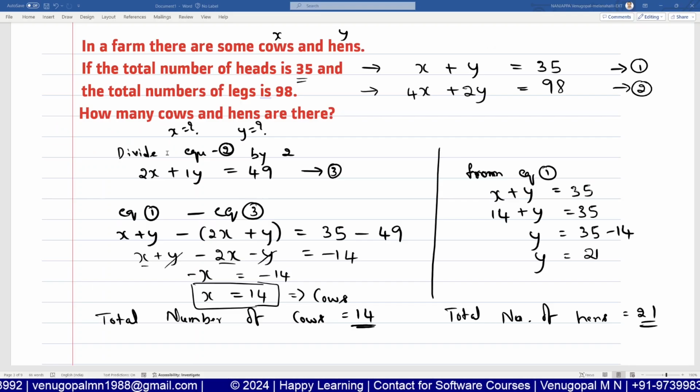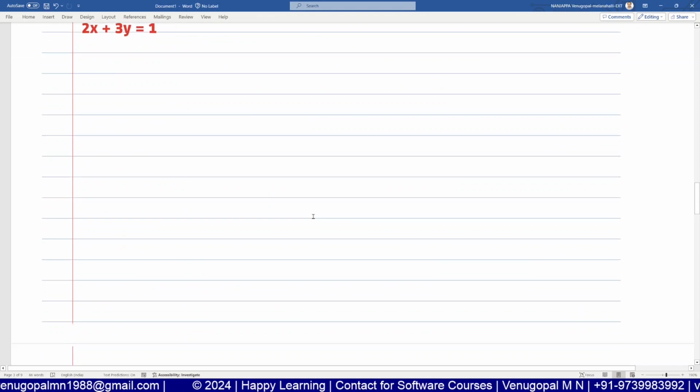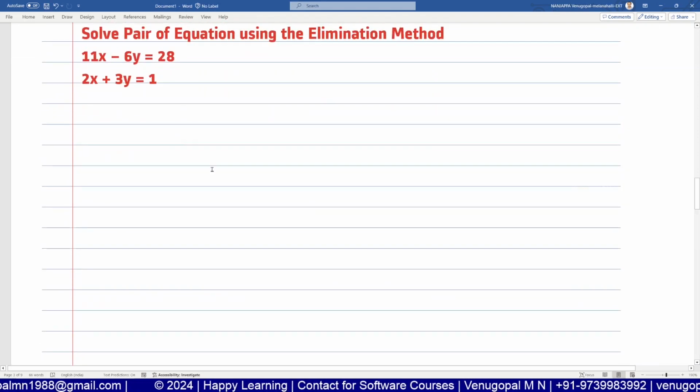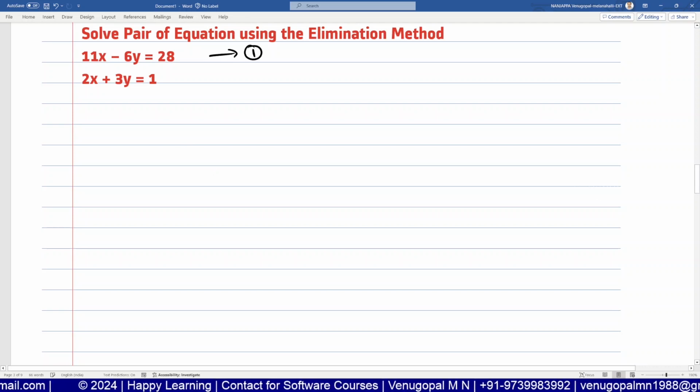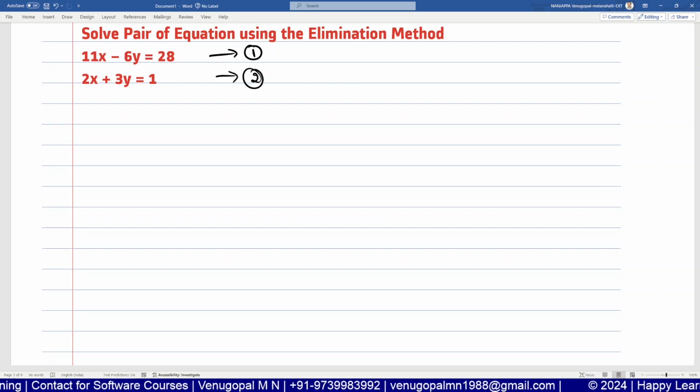So let us go back to our board. So 11x minus 6y, we can call this particular equation as equation 1. The second equation, 2x plus 3y is equal to 1, as 2. So now we have to make one of the coefficients the same. So let us try to cancel or eliminate y.